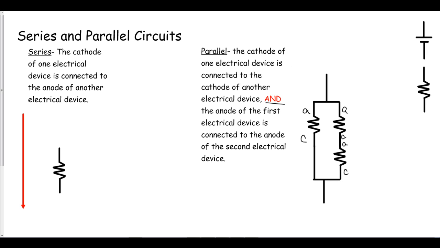So these two, let me go ahead and change my color. These two resistors are in series, and they follow the rules. But instead, those two resistors are in parallel with this one resistor.